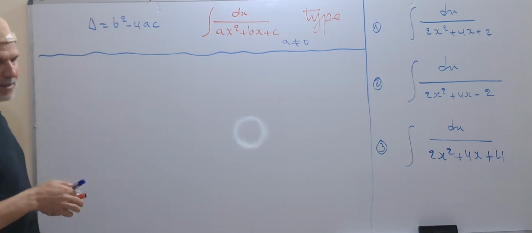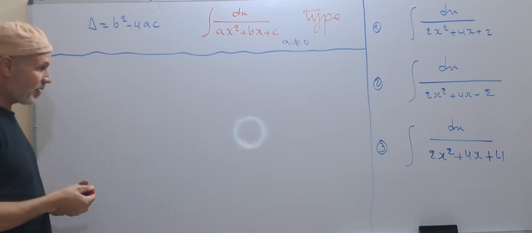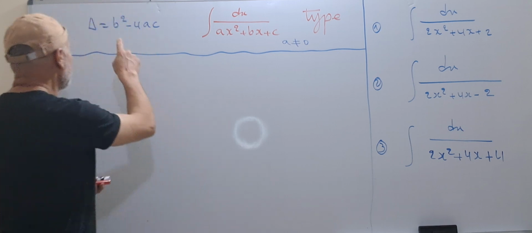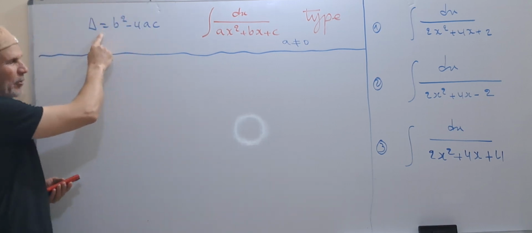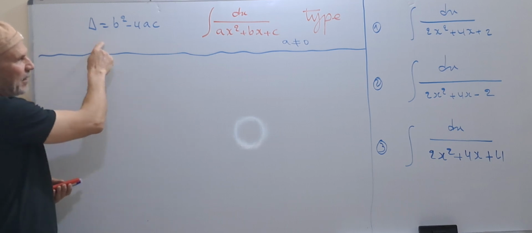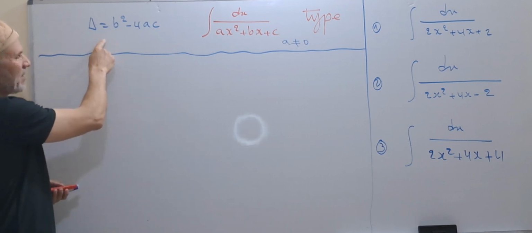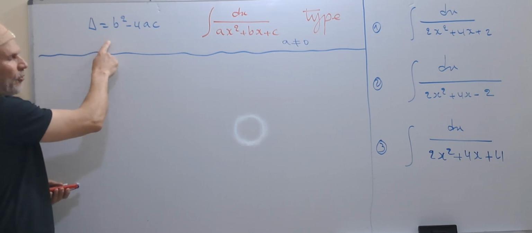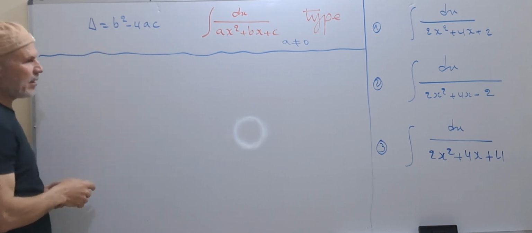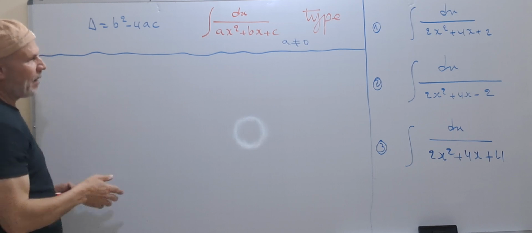Actually, we have three possible cases. First case, when delta is equal to 0. The second case, when delta is greater than 0. And the third case, when delta is less than 0.